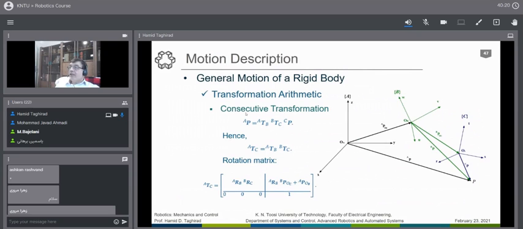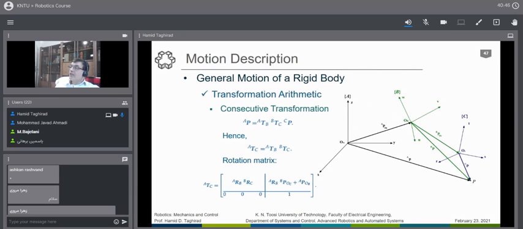But usually, if we have a consecutive transformation, suppose that instead of just 2 frames, we have 3 frames, 4 frames. For a serial manipulator, we have a number of joints and frames, so we have a number of consecutive frames. And we can transform a vector from C into B, and then we can transform it into A.